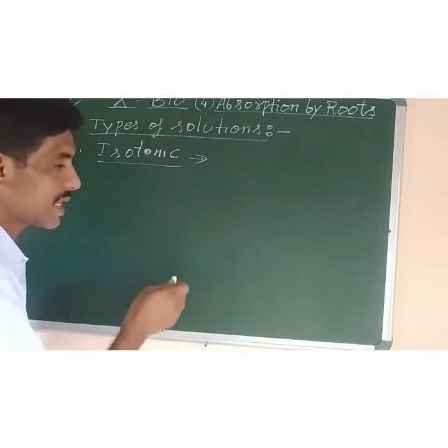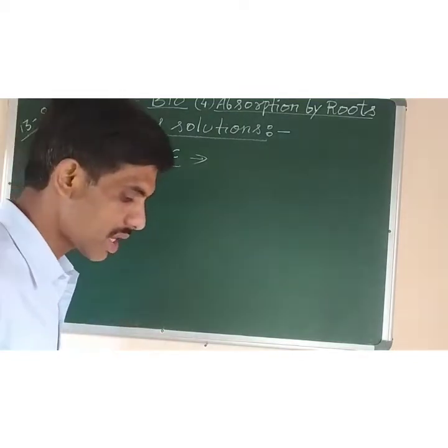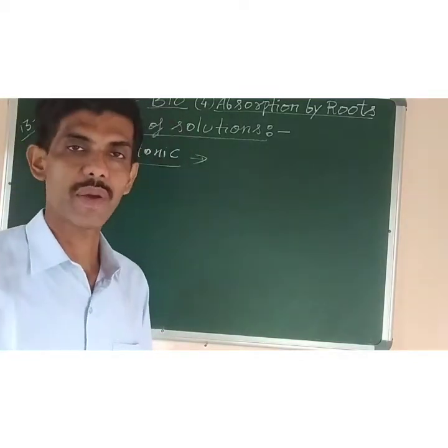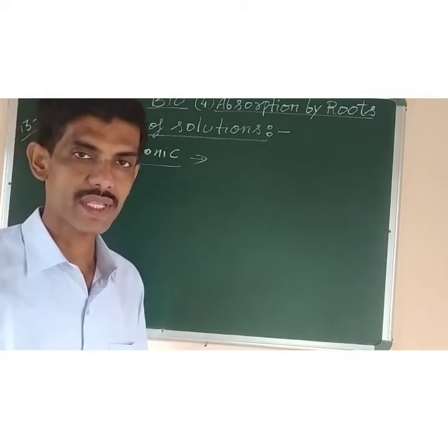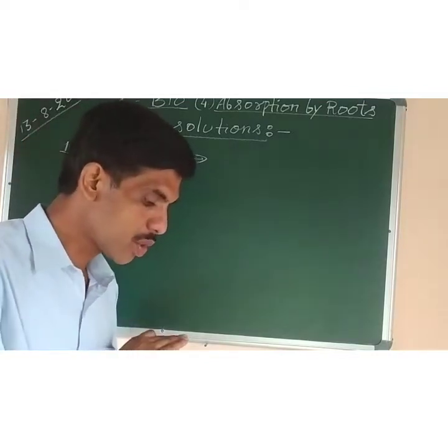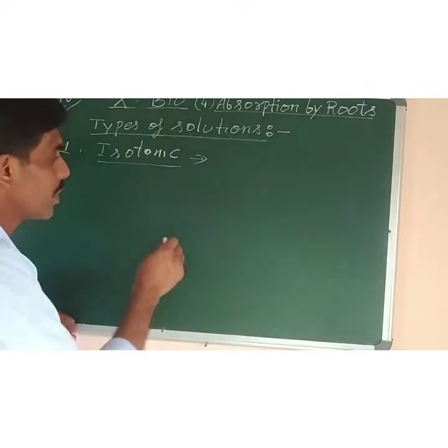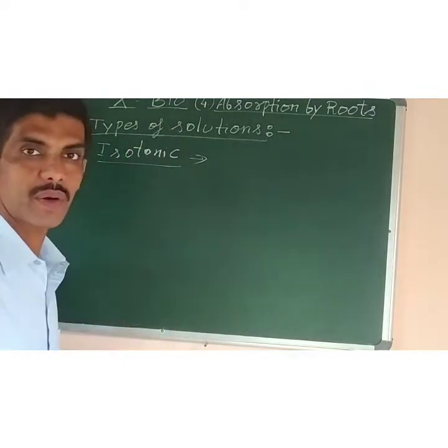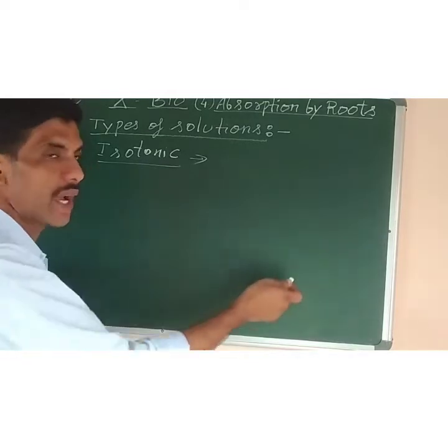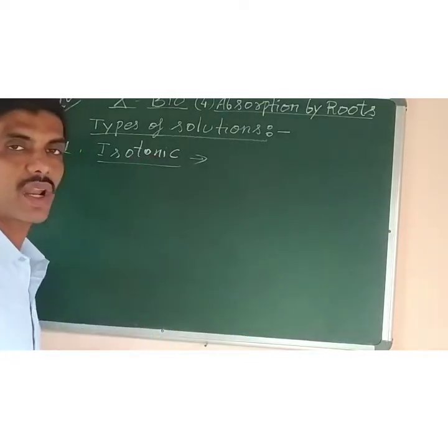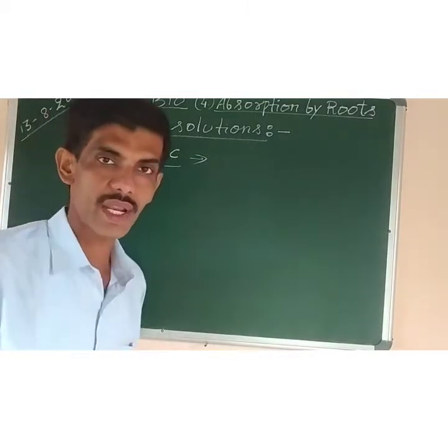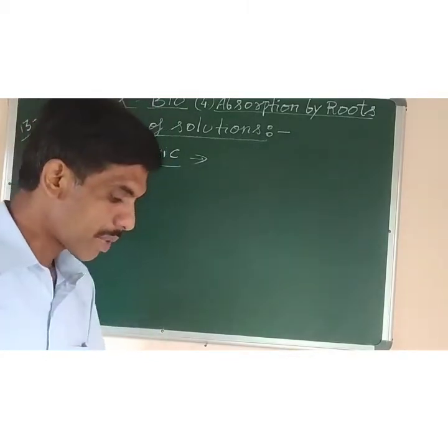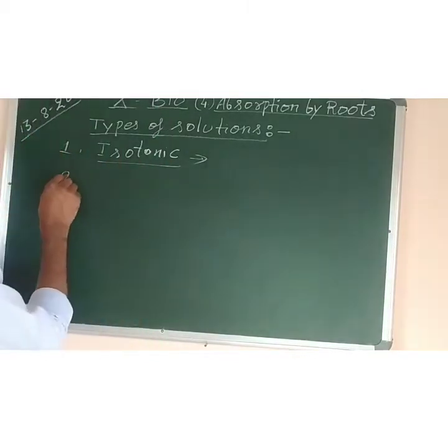So if the concentration of water molecules on either side of the cell membrane in a plant cell or animal cell is equal, there will be no osmotic pressure, there will be no net movement of water molecules from one part to the other. So such a solution is called isotonic solution. Now next one, number two is hypotonic solution.